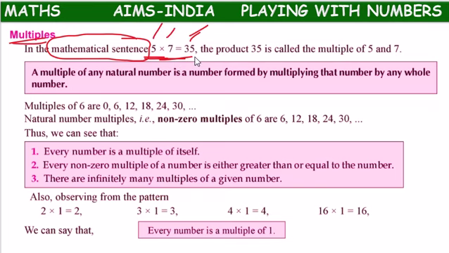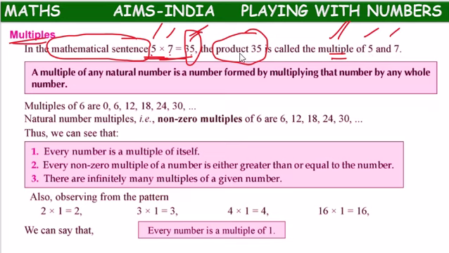But the product 35 we can also call a multiple. 5 and 7 are factors of 35. Or we can say 35 is a multiple of 5 and 7.